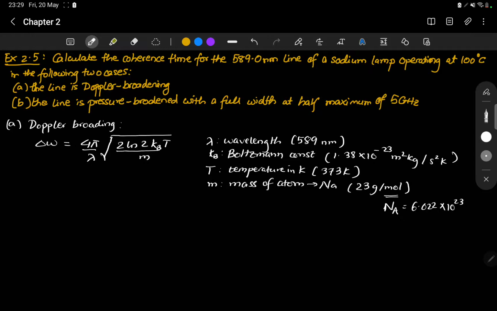So this is the spectral width. Delta omega is the spectral width of the particular line that we want, and from this delta omega we will get the coherence time. Coherence time tau c is given by square root of 8 pi log 2 over delta omega.